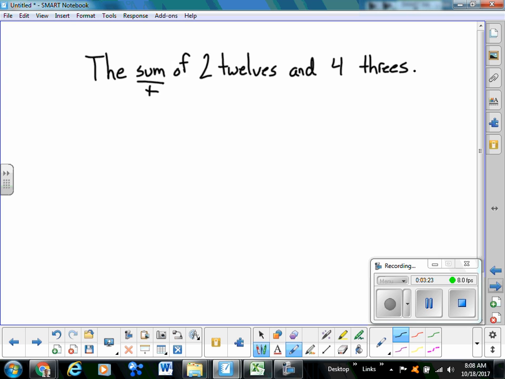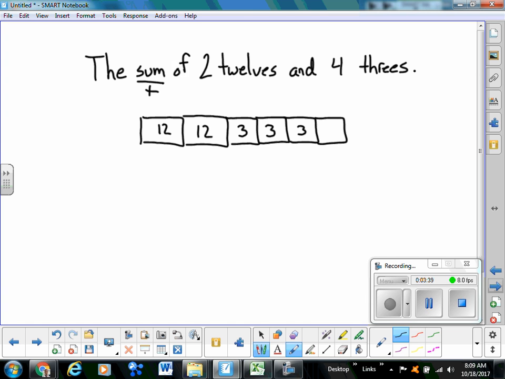So the sum of 2 12s, so 2 boxes with 12s, and 4 3s, so 4 boxes with 3s. I know that 12 and 12 is 24. 3, 6, 9, there's another 12. 24 plus 12 is going to give me 36 as an answer.